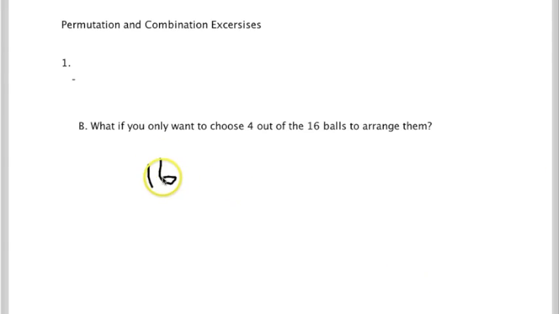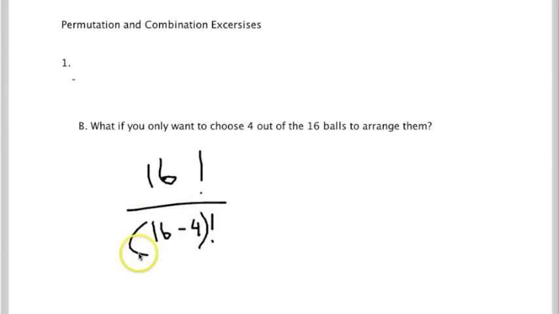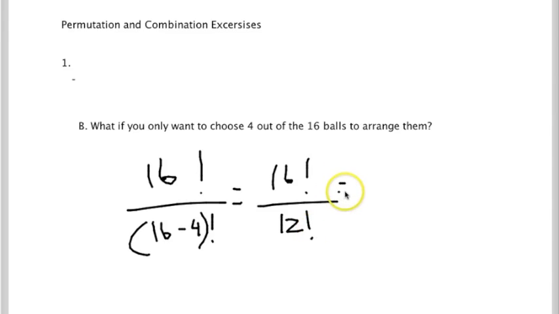So for B, it should be pretty simple. It's 16 factorial over 16 minus 4 factorial. Okay, so we should get 16 factorial over 12 factorial. So we should just get 16 times 15 all the way to 13, right?